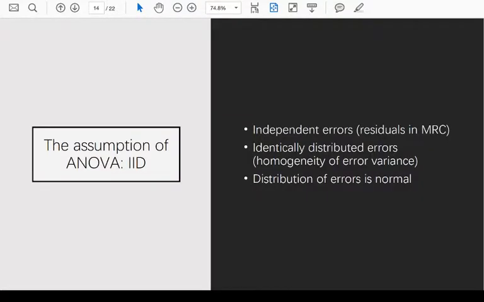And then for the second part, I want to use ANOVA. ANOVA is another method based on GLM. That's why they have similar assumptions, called IID: independent errors, identically distributed errors, and the distribution of errors is normal.